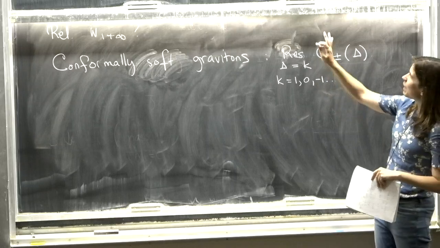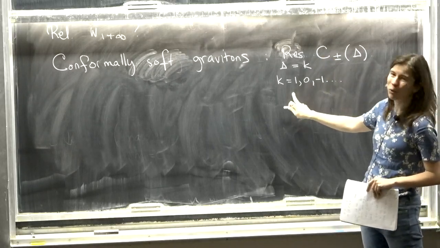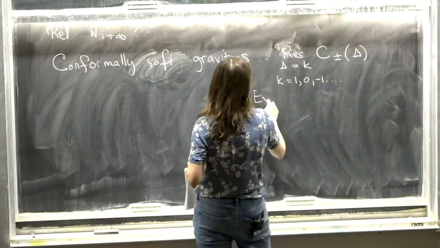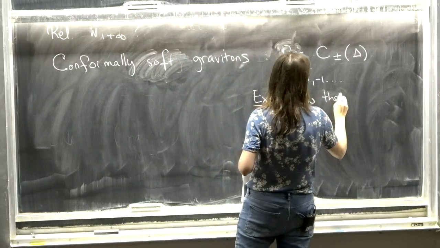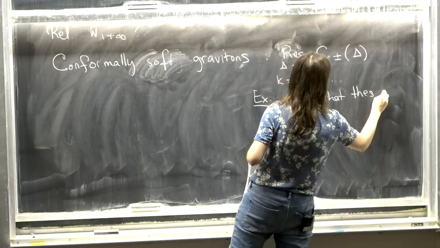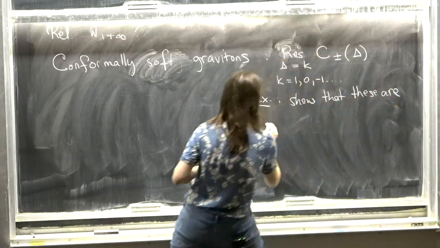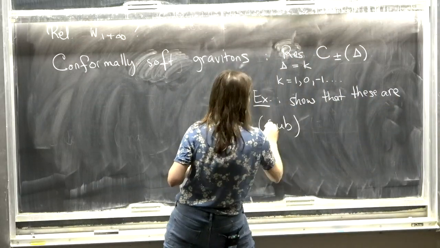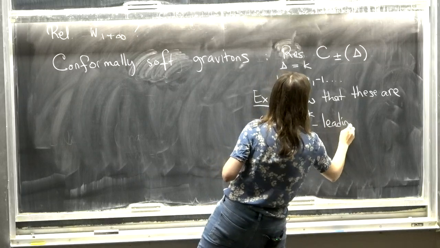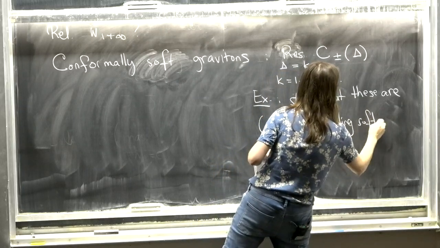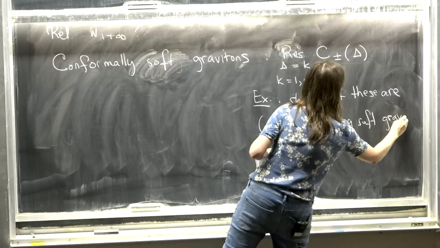I think I gave you all the ingredients to actually show yourself. So you can do as an exercise, show that these are the 1 minus k leading soft graviton modes.